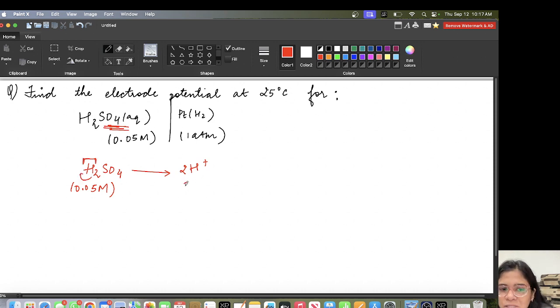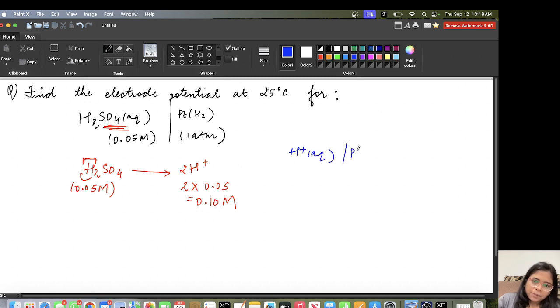So what will be its molarity? 2 into 0.05, which is equal to 0.10 m. Now on the other end, what are you getting? H+ in aqueous form and Pt in hydrogen form. Total H+ here is 0.1 m, and here it's 1 atm.